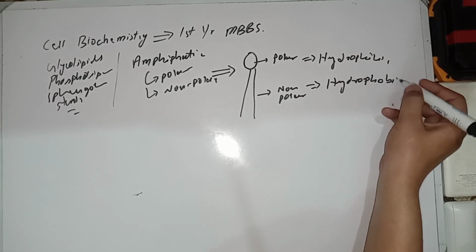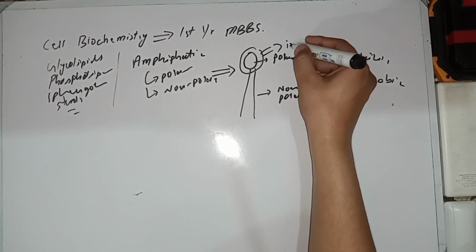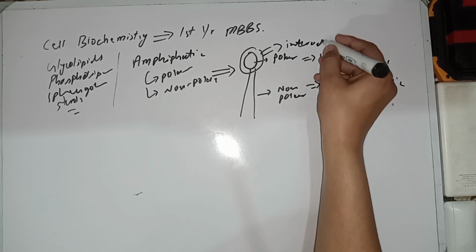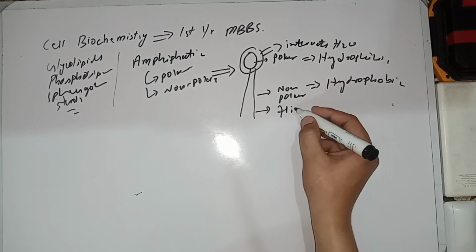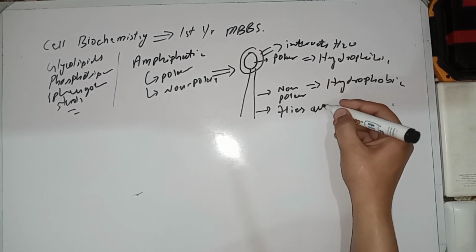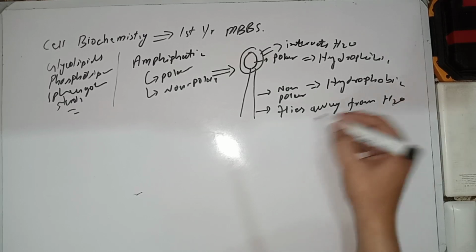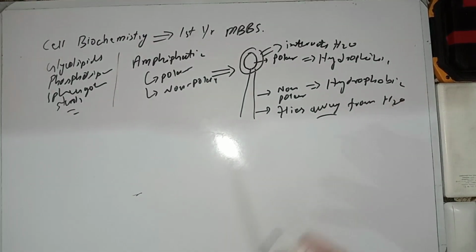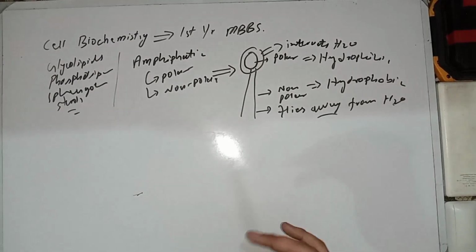It means that this polar region will interact with water, H2O, while this region runs away from water. So phospholipids found in membranes are amphipathic compounds having both polar and non-polar regions.